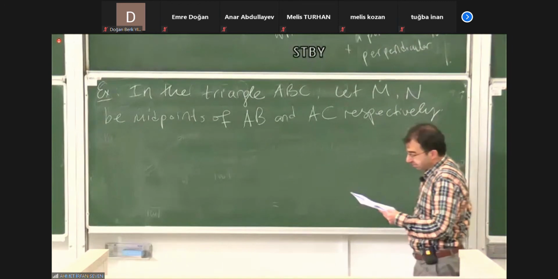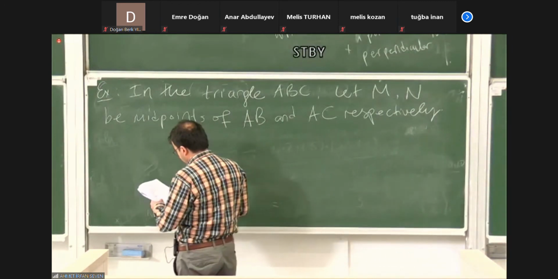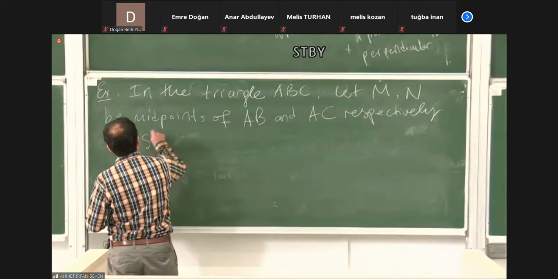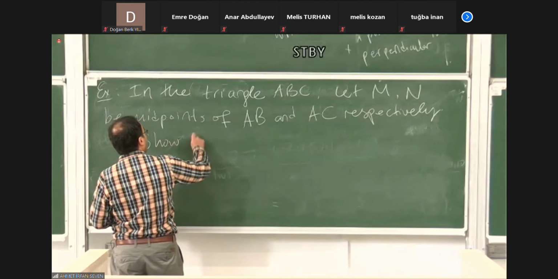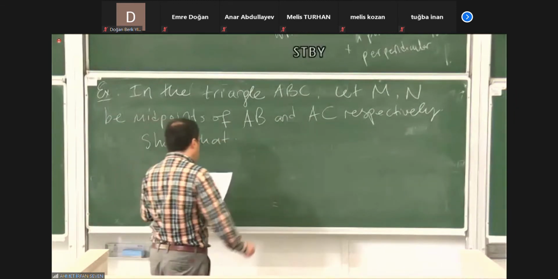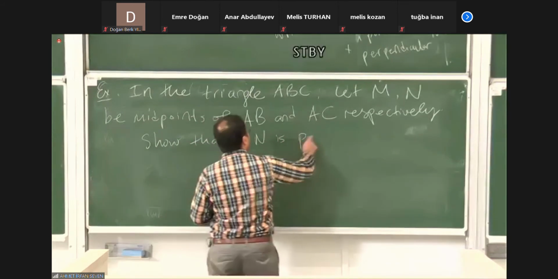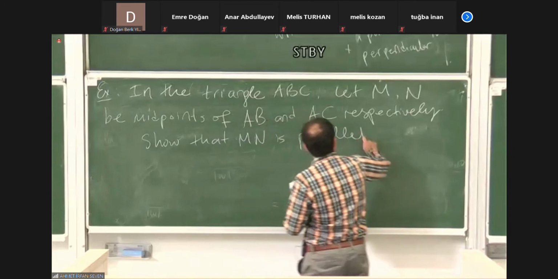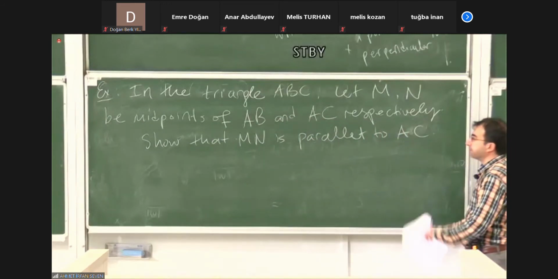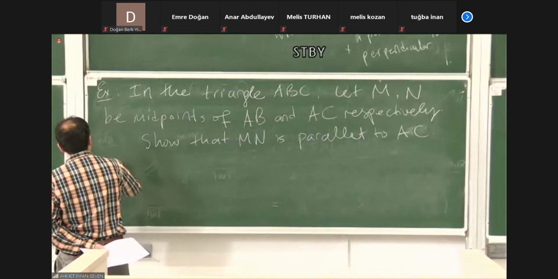So the question is, show that this MN is parallel to BC. I will draw the picture here, solution.